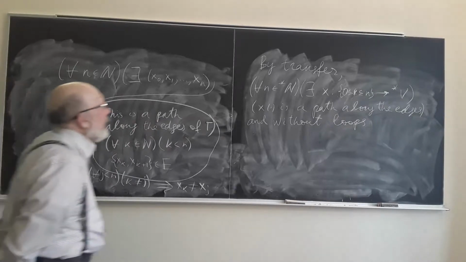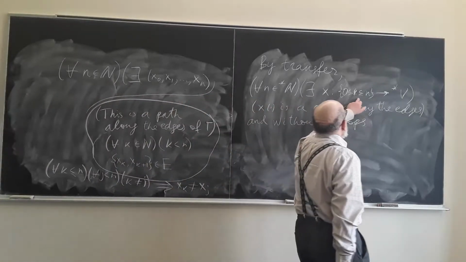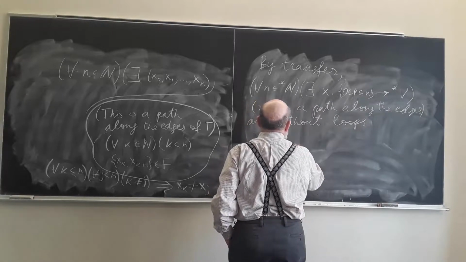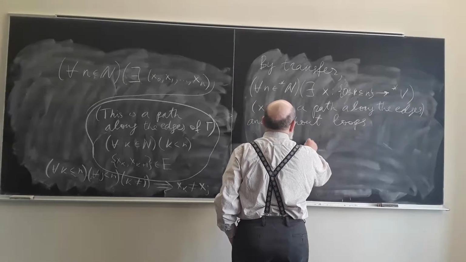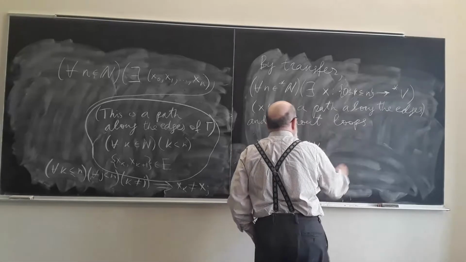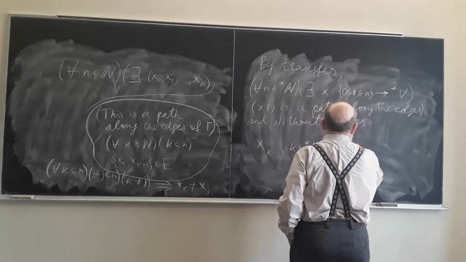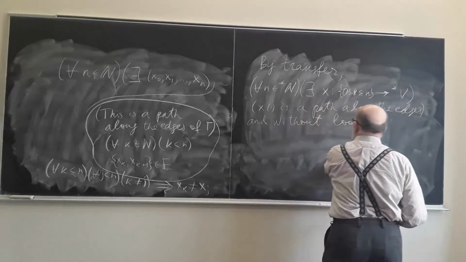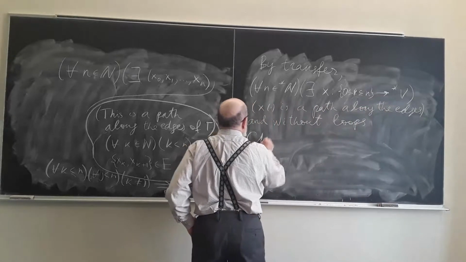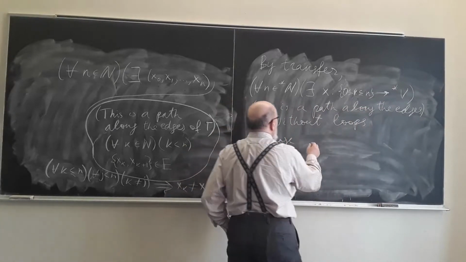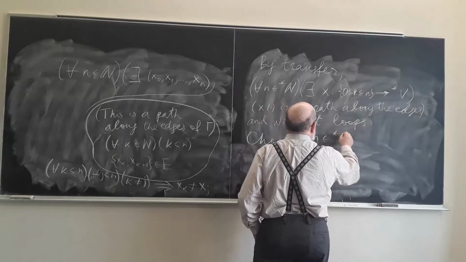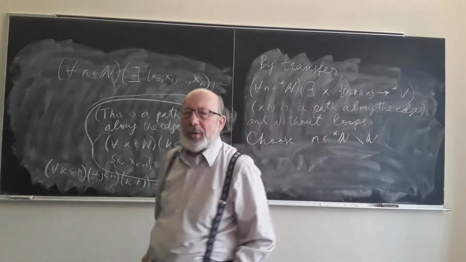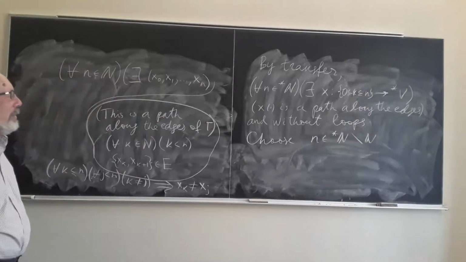Okay, so we have a path. Now let me write about xk, k in star N, and k less than n. In particular, let us choose n in star N minus N. Yeah, so infinite n.